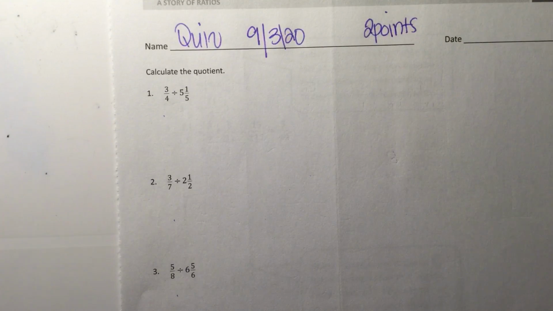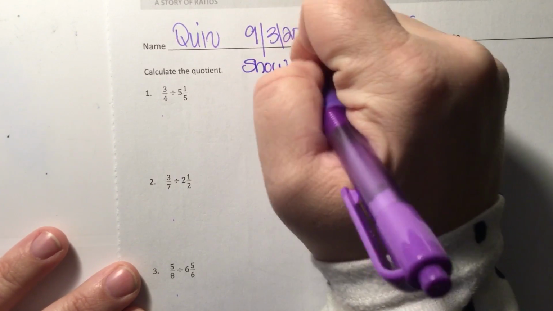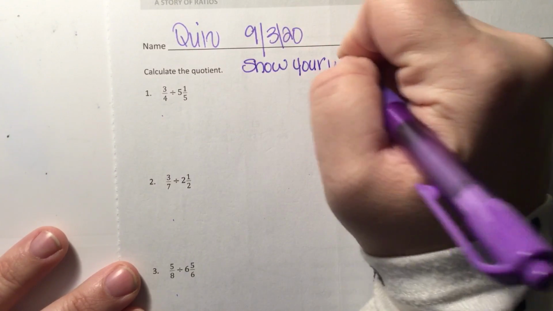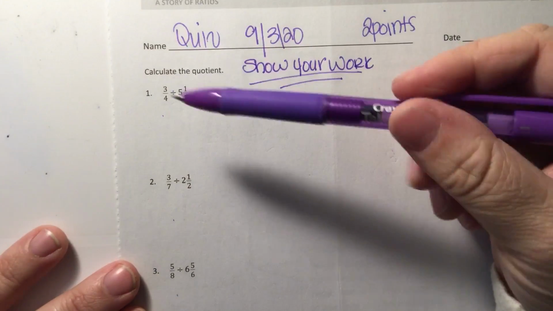Please use your notes, okay? You need to use your notes from lesson 7 for your invert and multiply, and you also need to use your notes to transfer that mixed number, okay? You're going to show your work, all of it. I need to see all the steps.